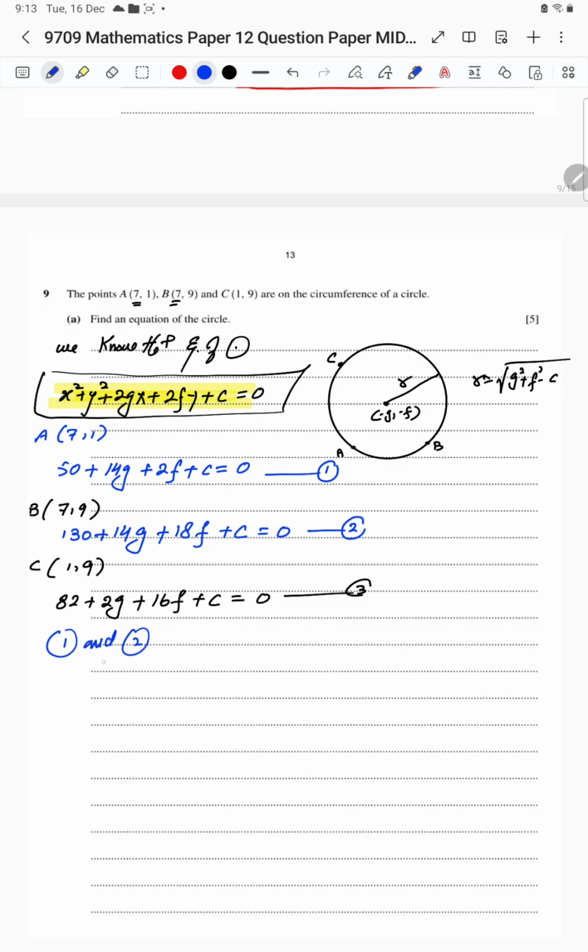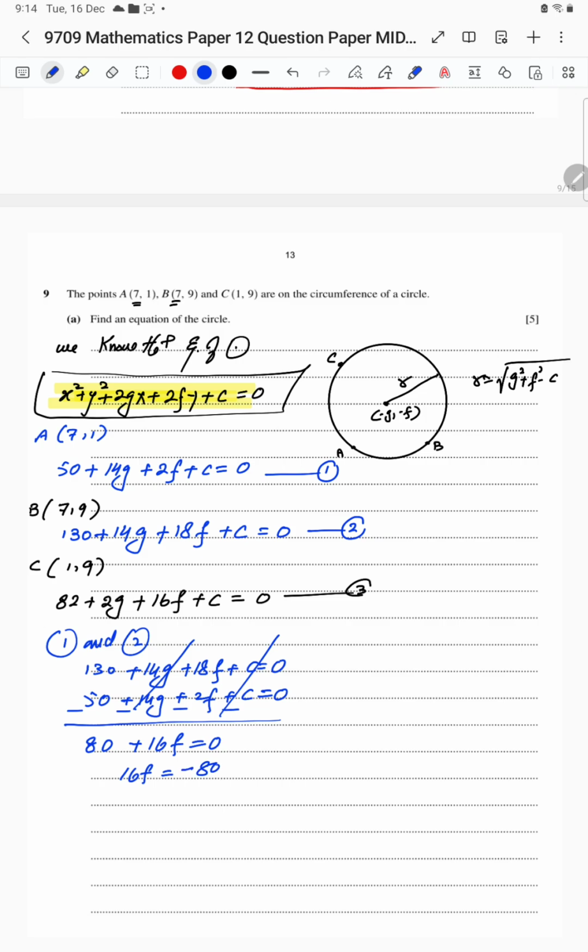If I subtract these, see what happened. 130 plus 14g plus 18f plus c equal to 0, and 50 plus 14g plus 2f plus c equal to 0. When I subtract these, you will see this goes, this goes. We have 80 plus 16f equal to 0. 16f is equal to minus 80, so f is equal to minus 5, so minus f will be 5, the y coordinate of the center of the circle.